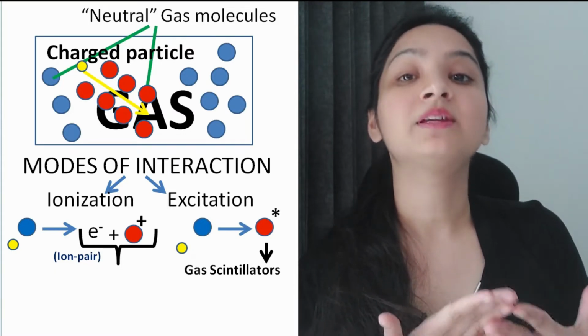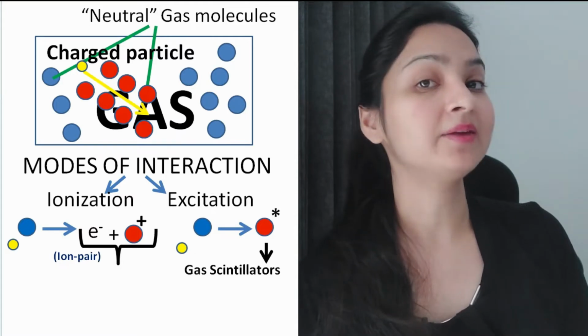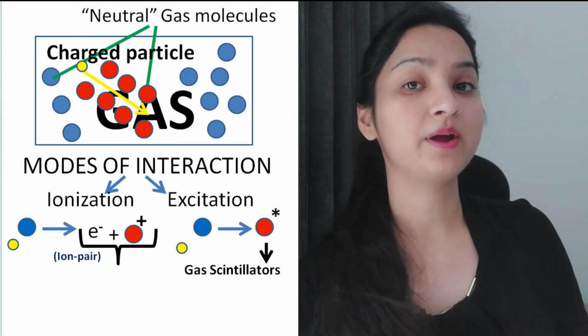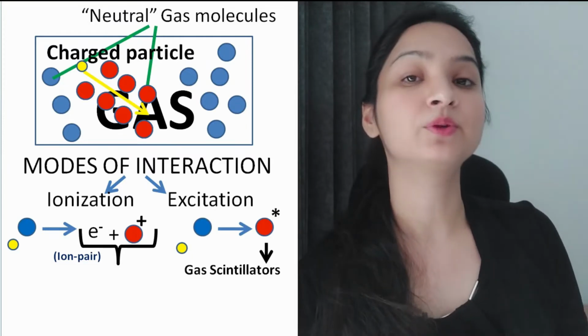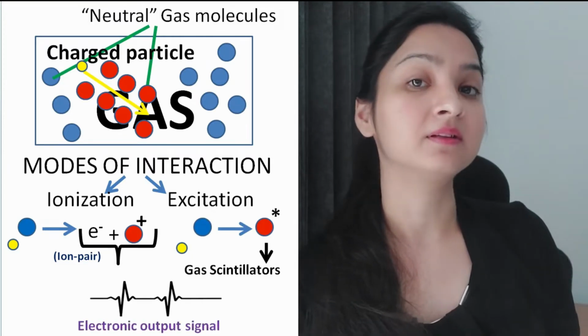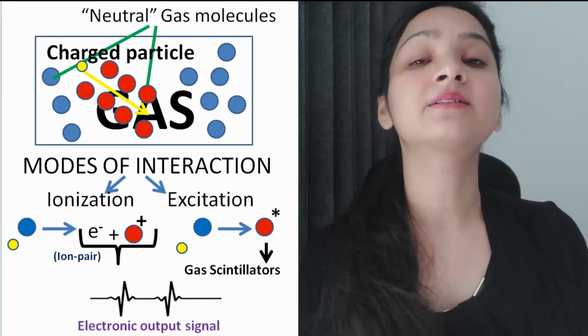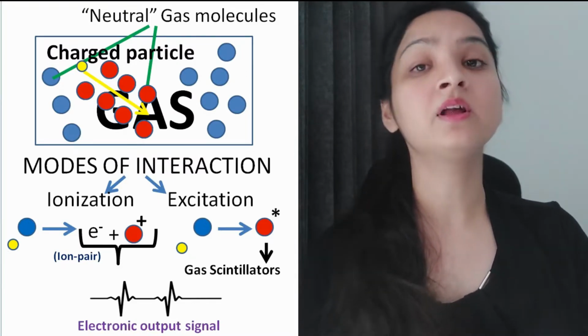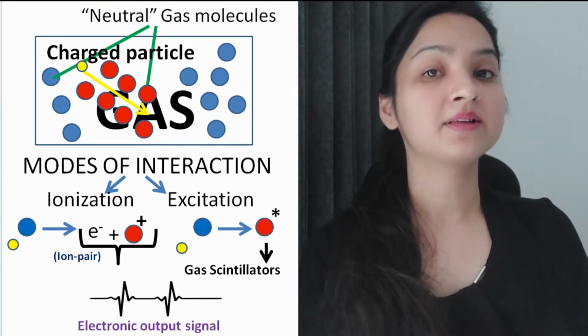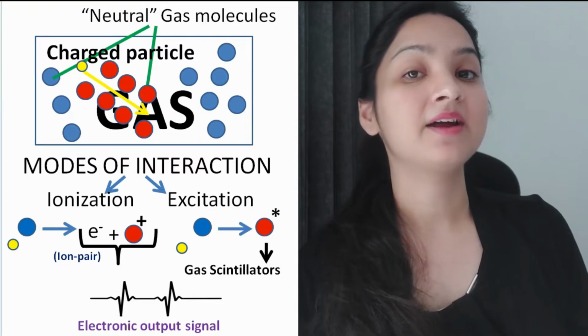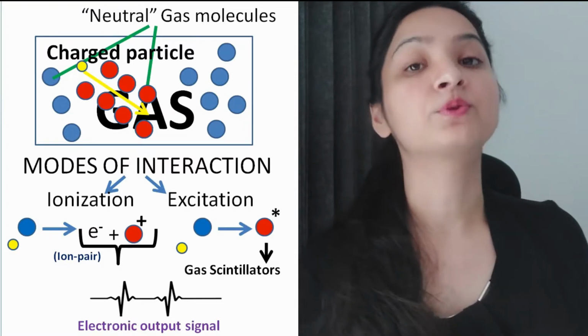The actual interest here is in the ion pairs that are formed in the ionization, and it is these ion pairs which will eventually help you to derive your output signal. So you can say that the majority of the gas-filled detectors are based upon this principle, which use ion pairs as medium to produce the desired output signal, the output pulse.